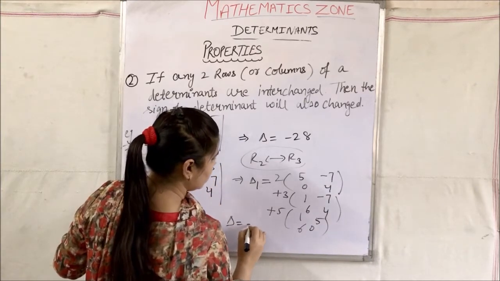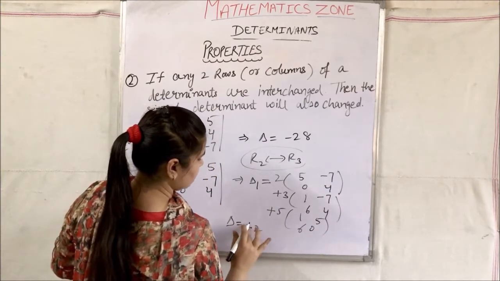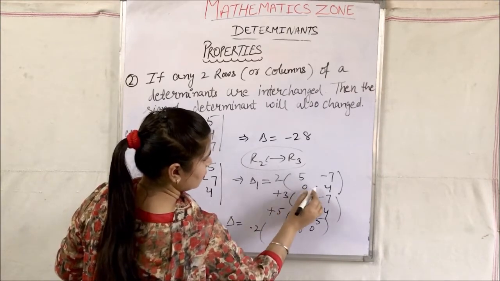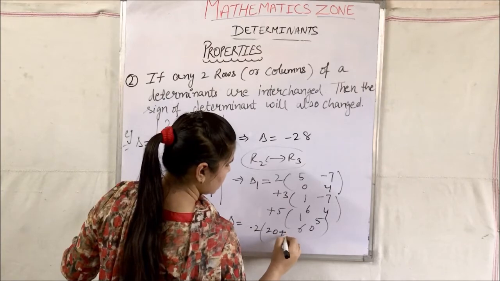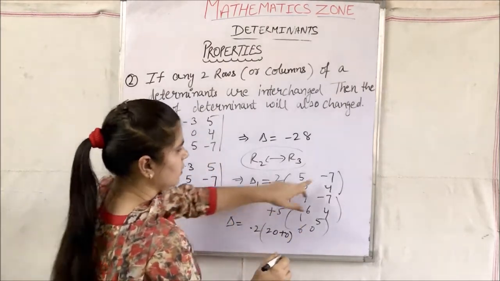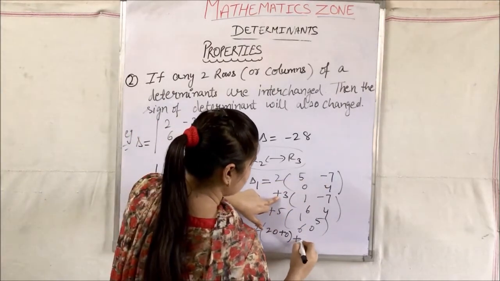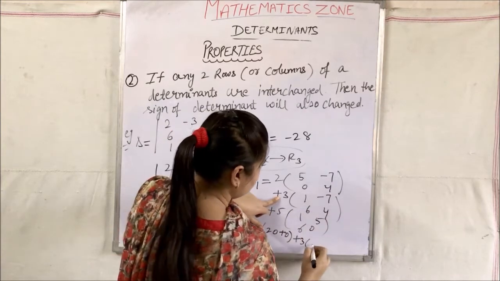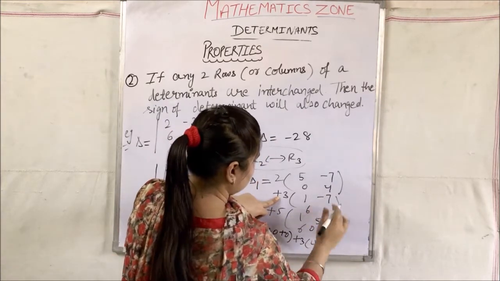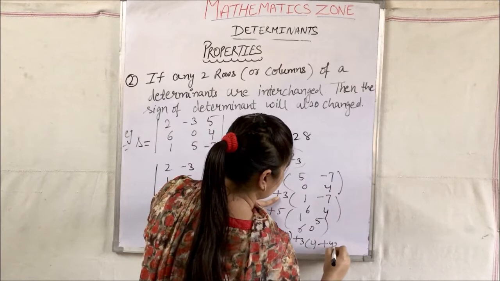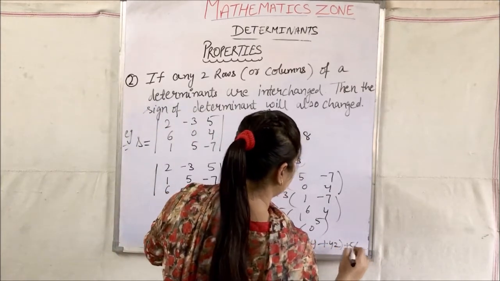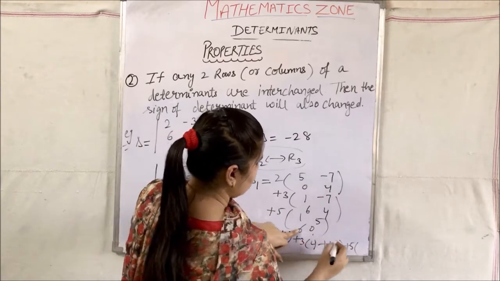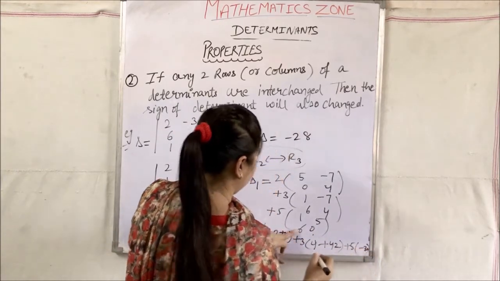So delta 1 will be 5 fours are 20, plus 0. 7 into 0 is 0. Now plus 3. 1 into 4, 4, plus 42. Now plus 5. 1 into 0 is 0, minus 30.